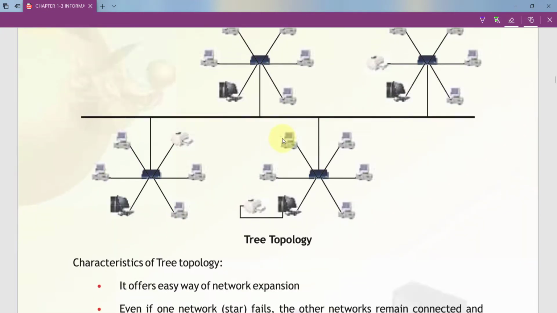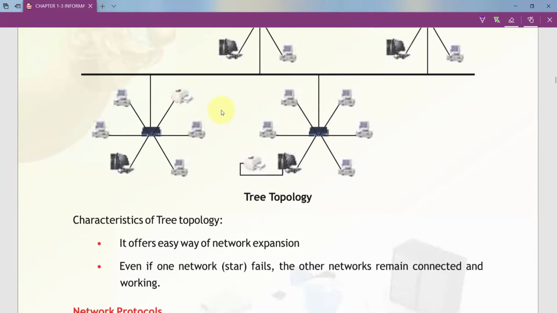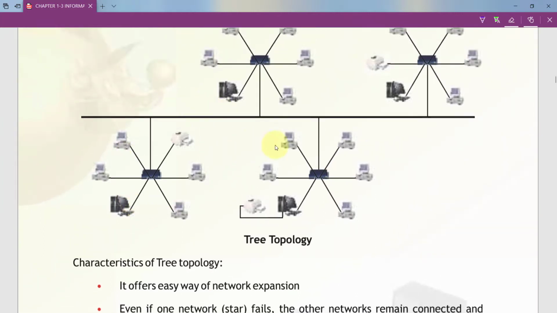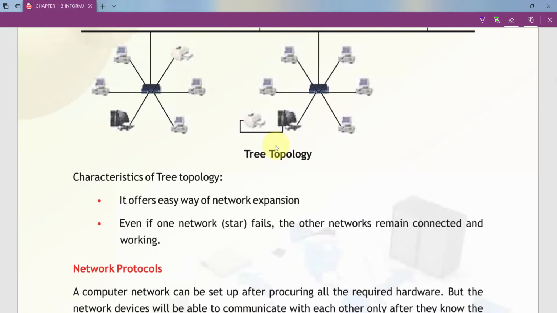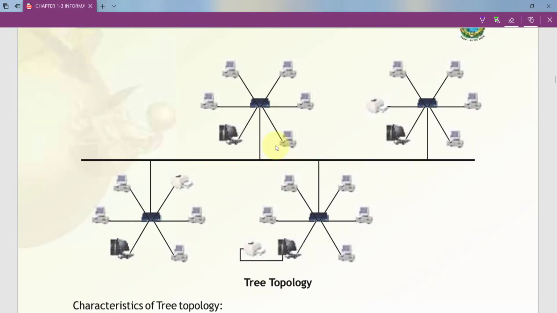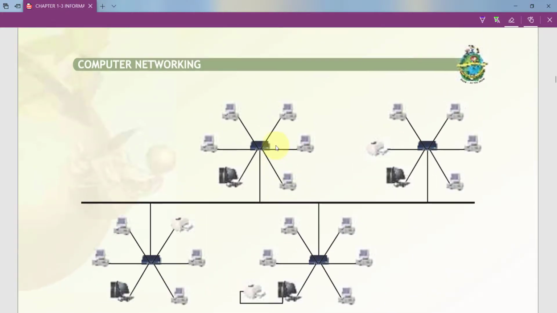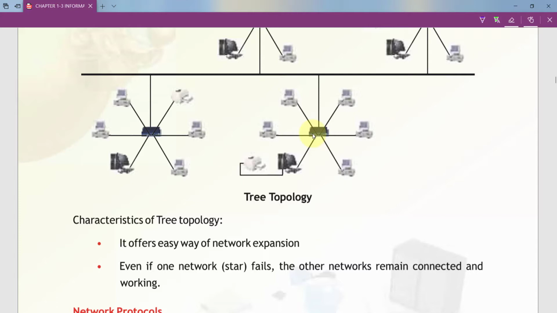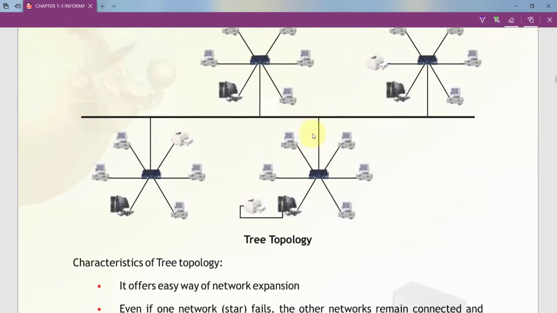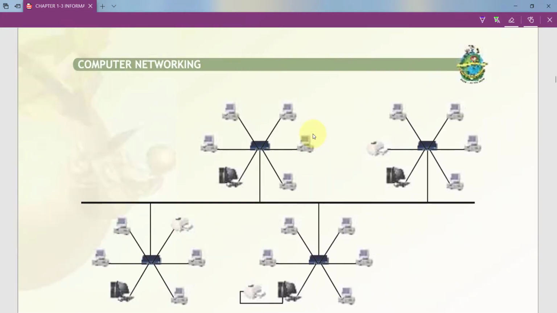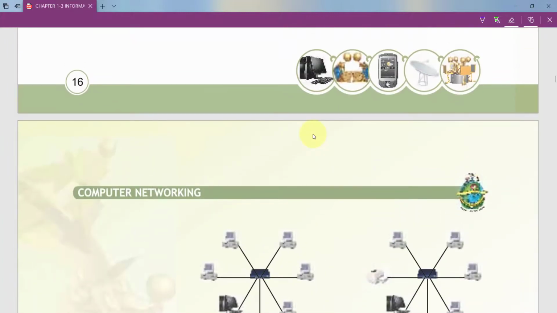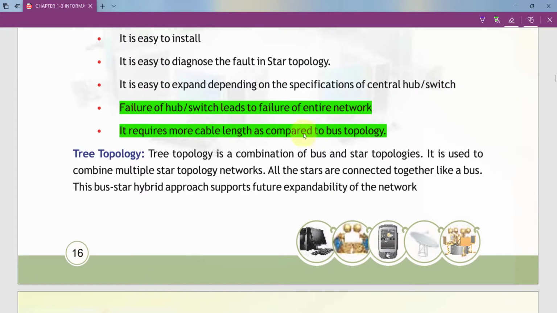With the main root, other branches are connected. Clear? So this looks like a tree. Okay, so it has sub branches, one main branch and other sub branches. Clear? So it's like a tree pattern. So that's why the name of this topology is tree topology.